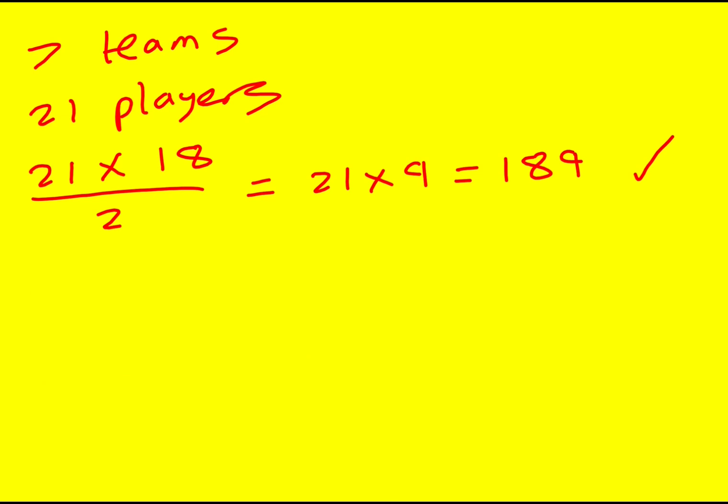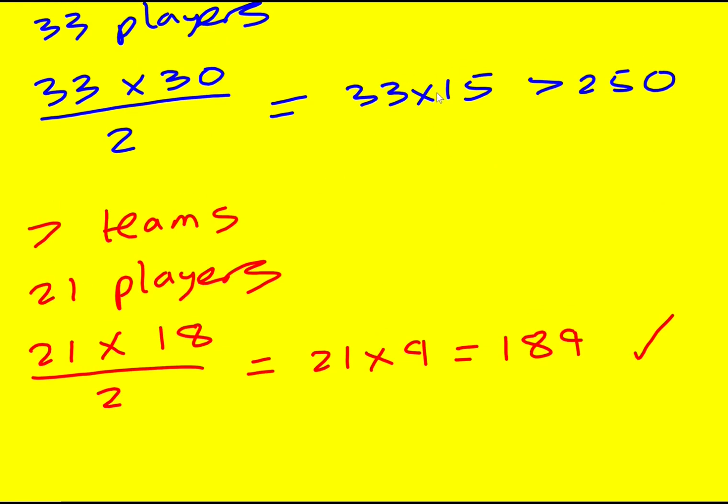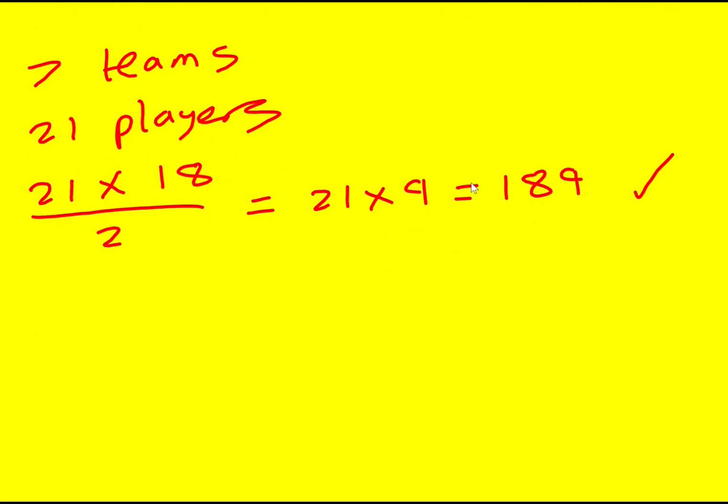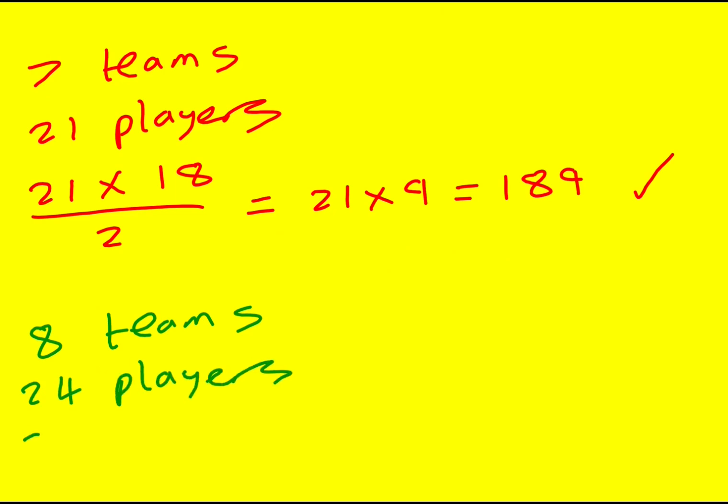Let's have a look at 8 teams, because it's not too far away from 250 when we consider how big that one was. That was like over 400. So 8 teams. We're going to get 24 players now. It's going to be 24 times 21 over 2, which is going to be 12 times 21.